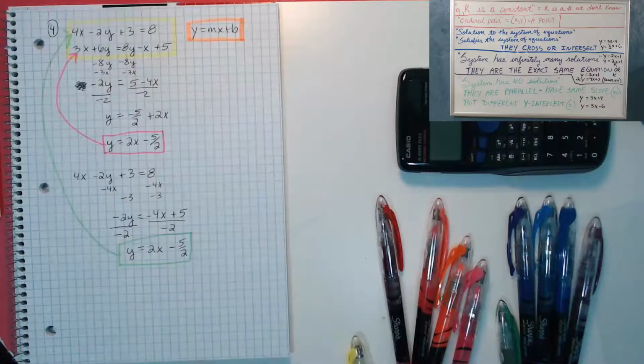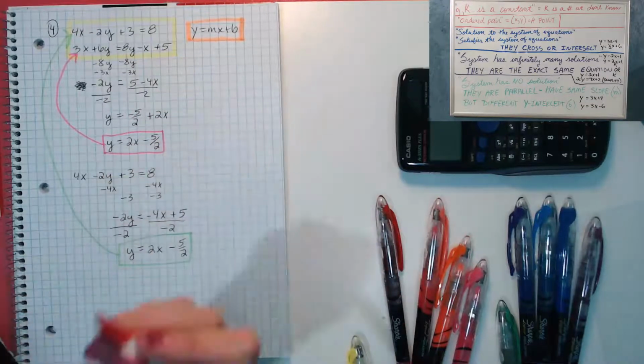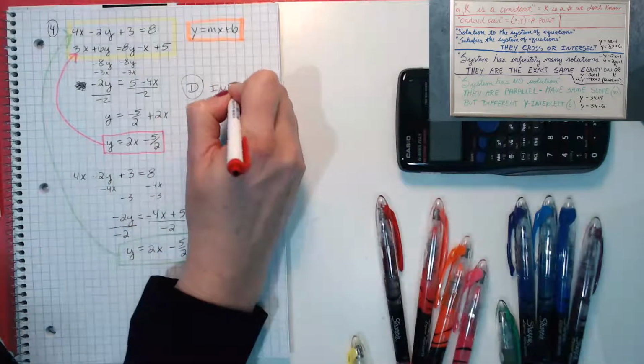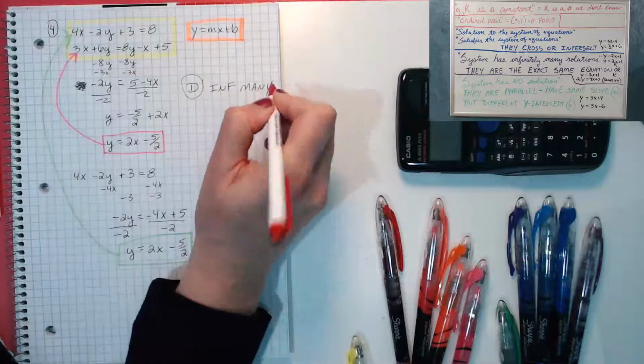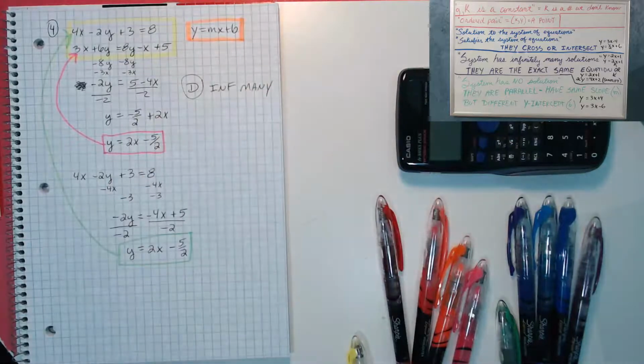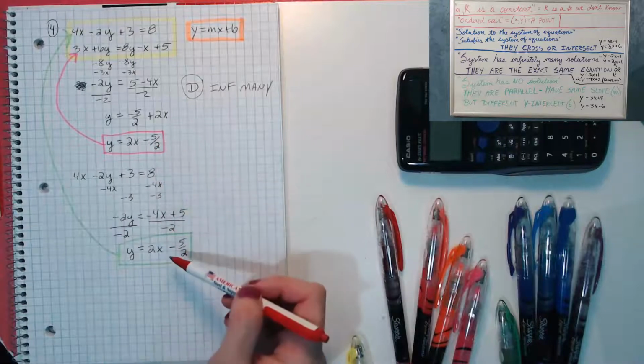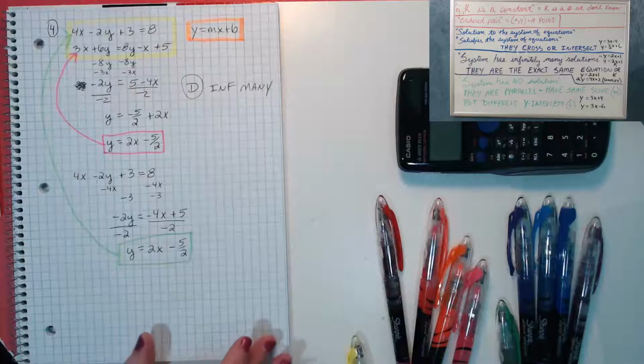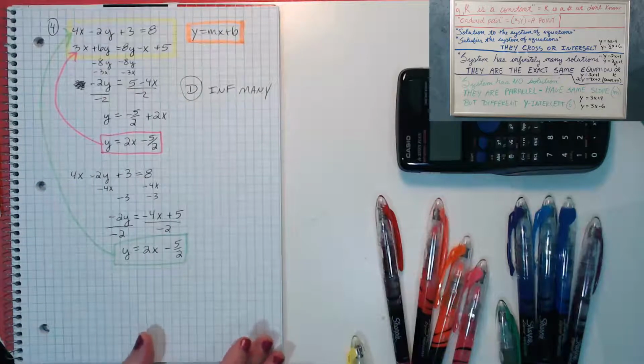Okay, so infinitely many, the answer would be D. Infinitely many, because they're the same. Any questions on that one? No. Okay, you can always ask the question after. When I turn off the video, I'll take more questions at the end as well.